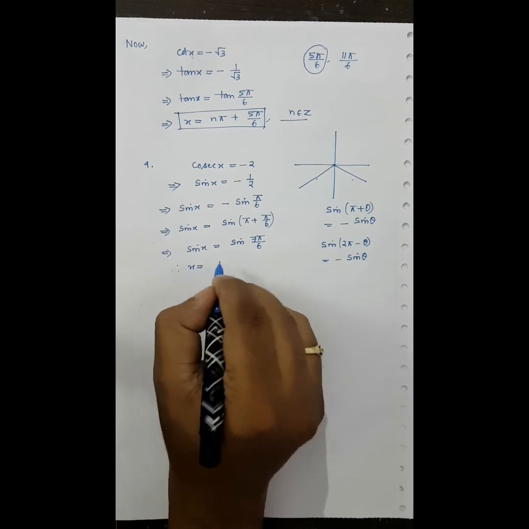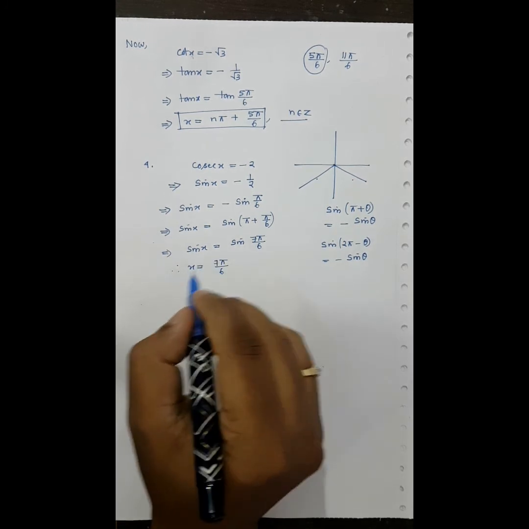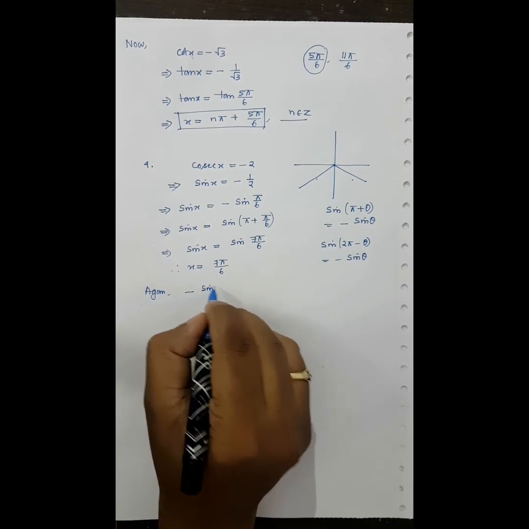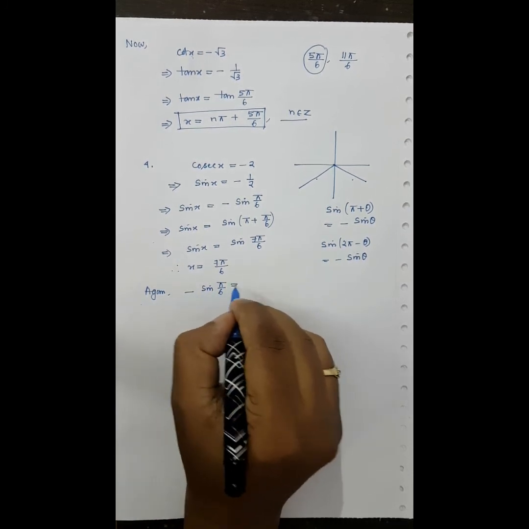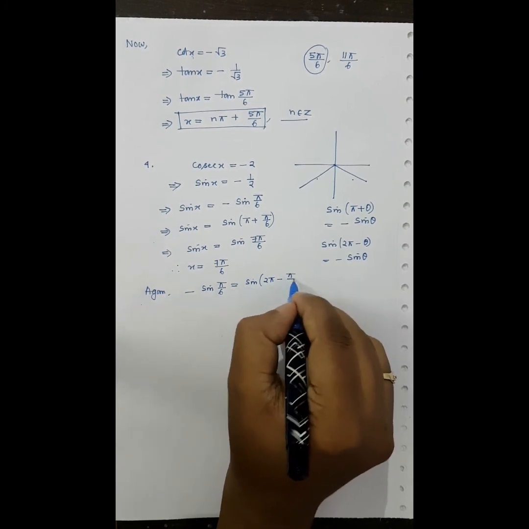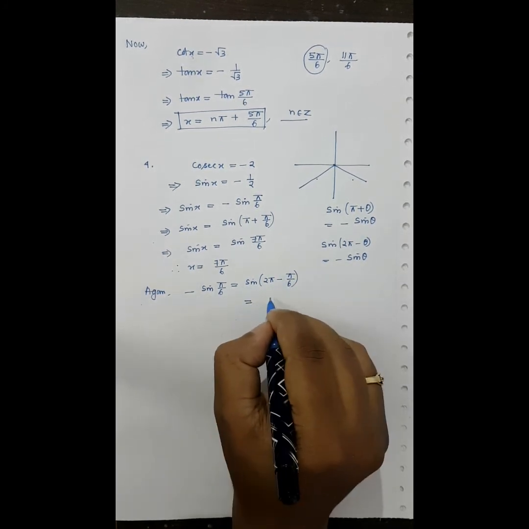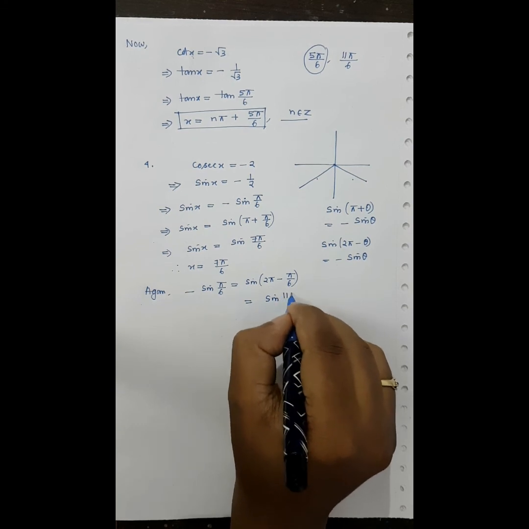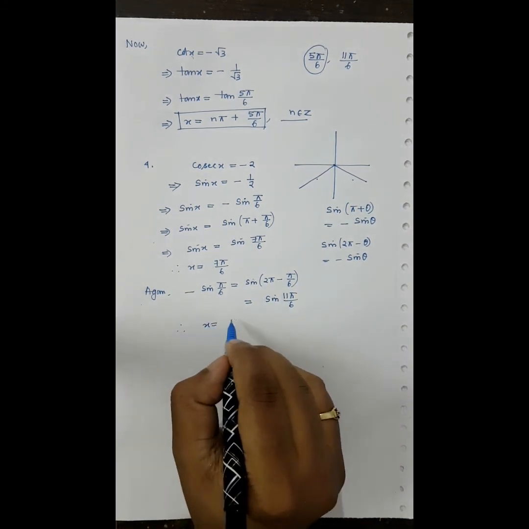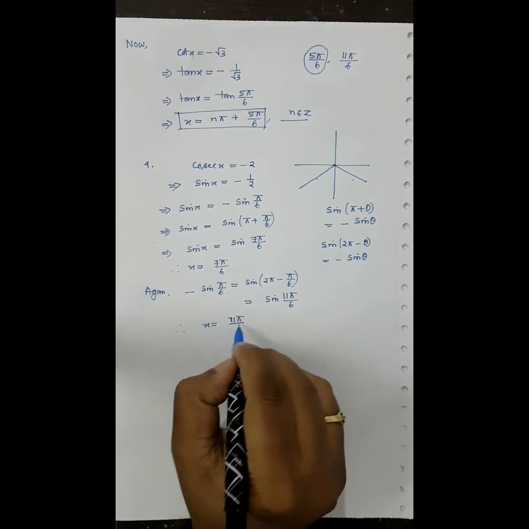So x can be equal to 7 pi by 6. Again we can write minus sine pi by 6 is equal to sine of twice pi minus pi by 6, which is equal to 11 pi by 6. Hence your x can be equal to 11 pi by 6.